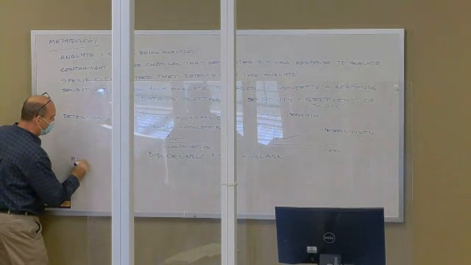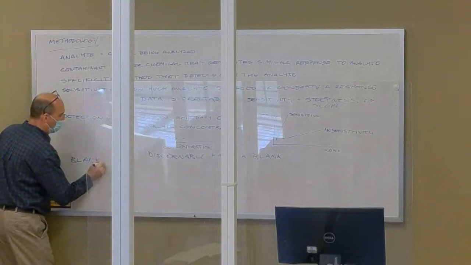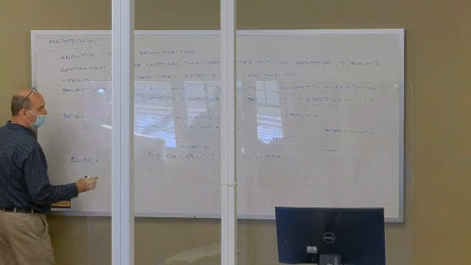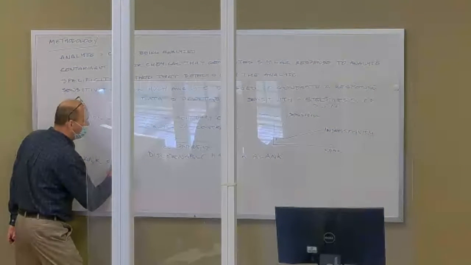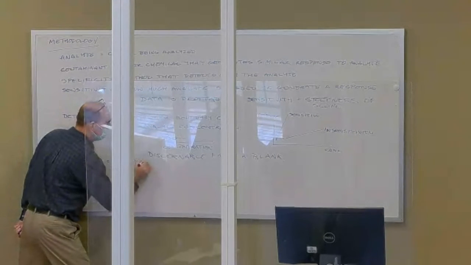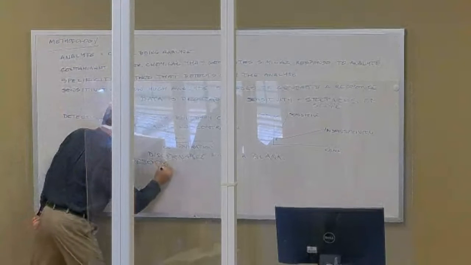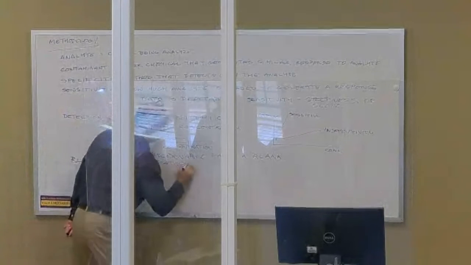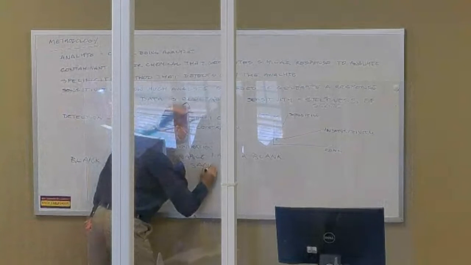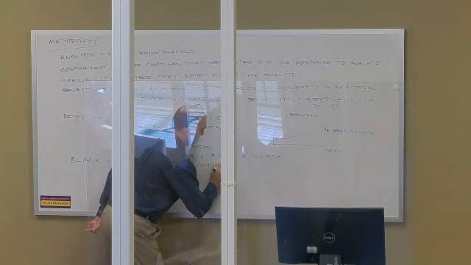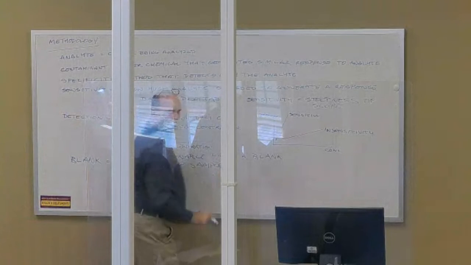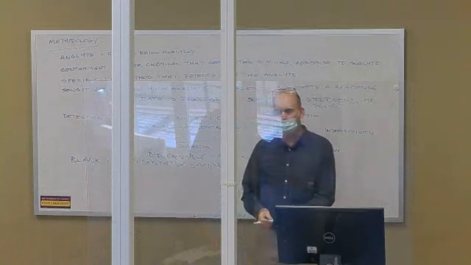We've got a couple of different types of blank. A blank is a representative sample. I've never met anybody actually called Dwight.